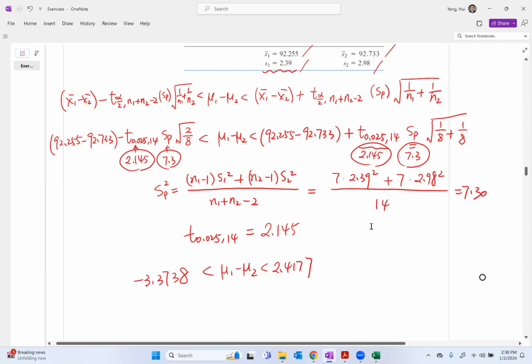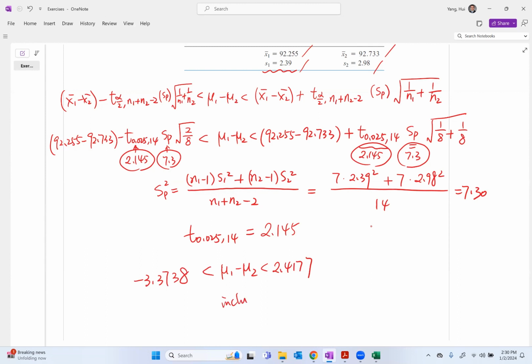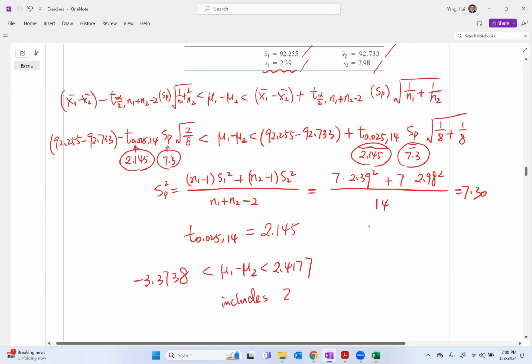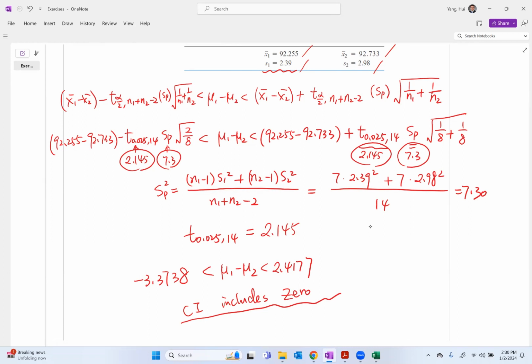So we do not have a confidence interval that excludes 0. We do not have strong evidence to conclude that catalyst 2 results in a mean yield that differs from the mean yield when catalyst 1 is used. So there is no significant difference at the significance level of 5%.